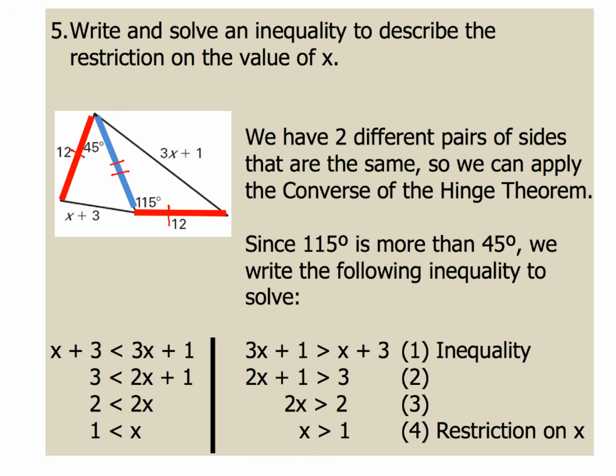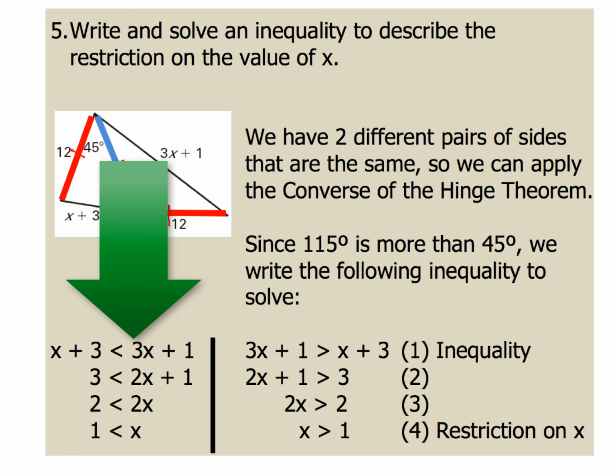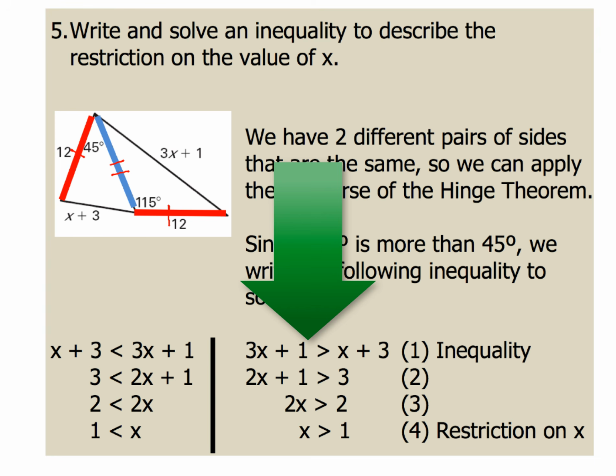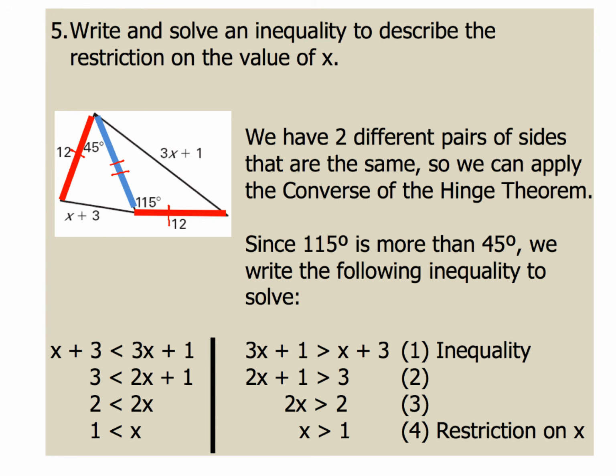You can set it up like the inequality on the left-hand side, or you can solve it like the inequality on the right-hand side. Either way, whichever way makes more sense for you. The only thing you're going to have to make sure of is that your arithmetic is correct and you don't make any careless mistakes. When you're all done, you'll get the restriction that x has to be greater than 1, or 1 is less than x, depending on which way you set it up.